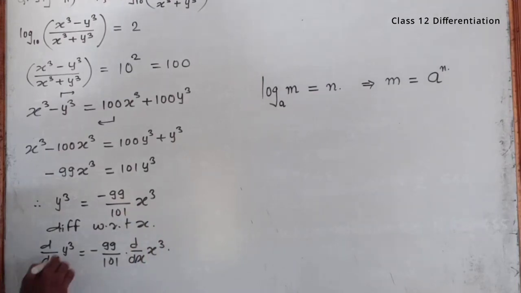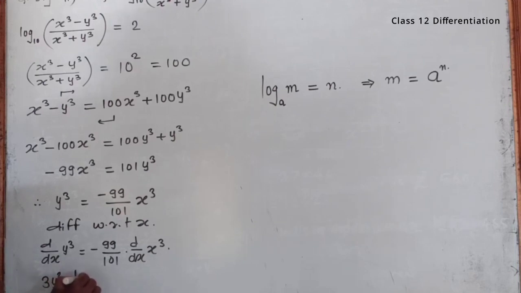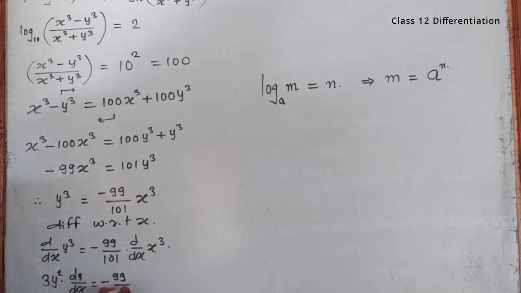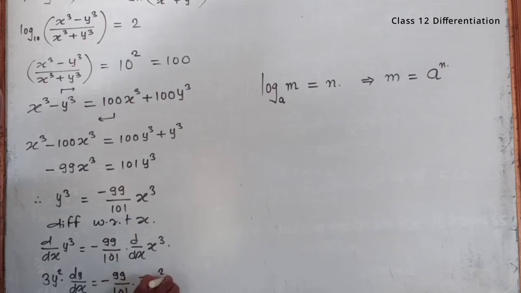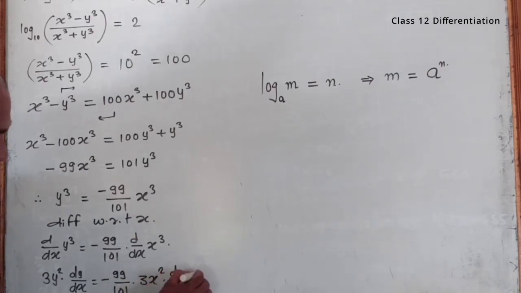Take the derivatives here, that is 3y square into dy upon dx is equal to minus 99 upon 101 into 3x square into d by dx of x.